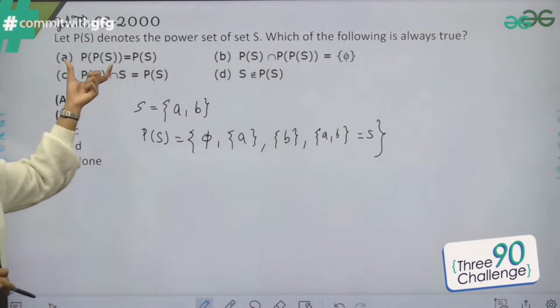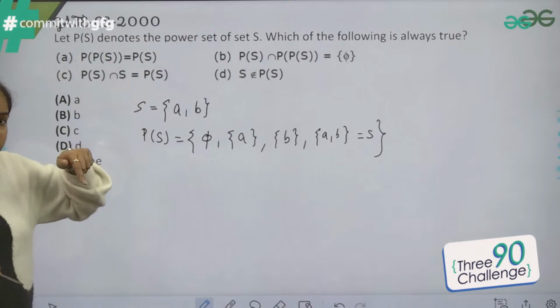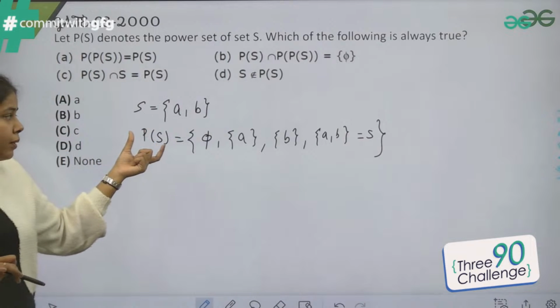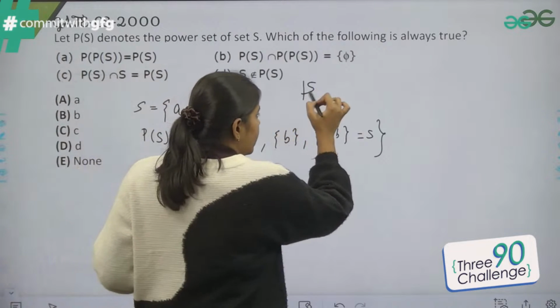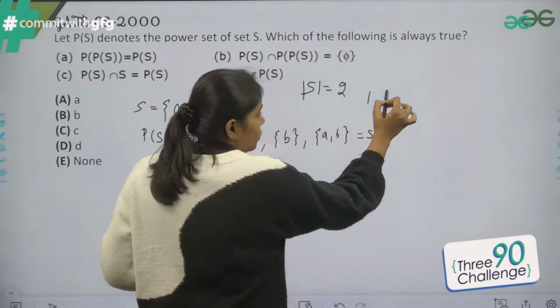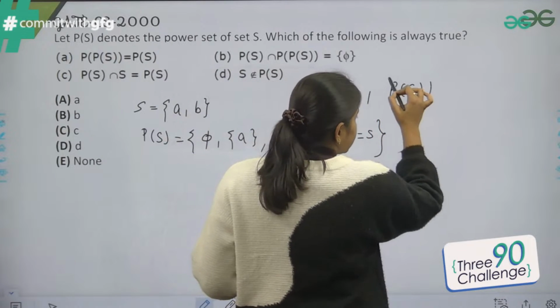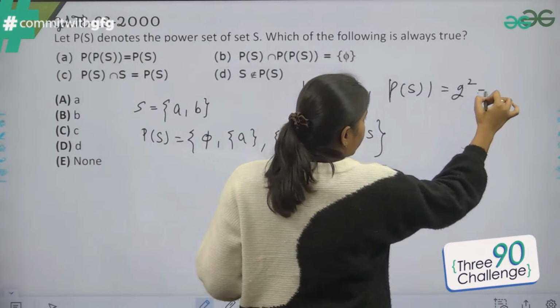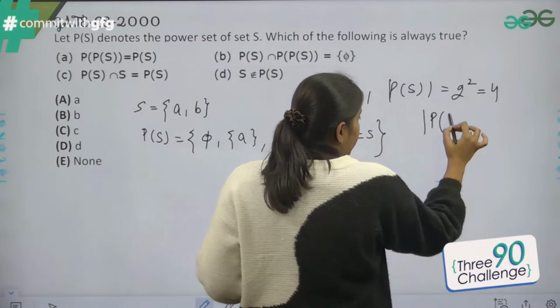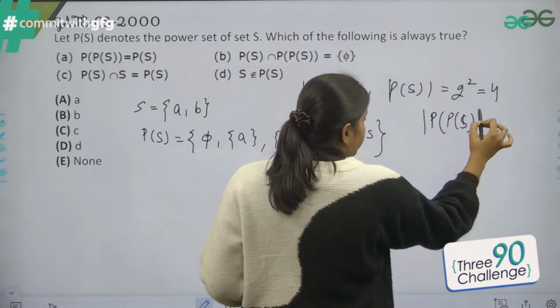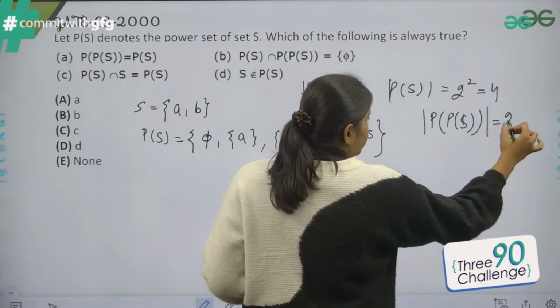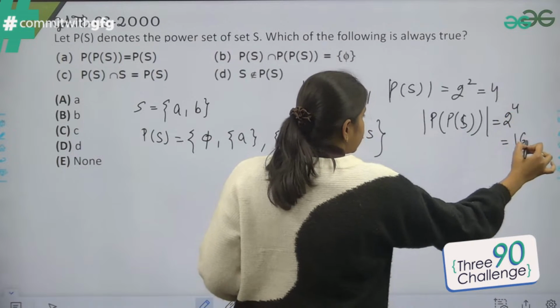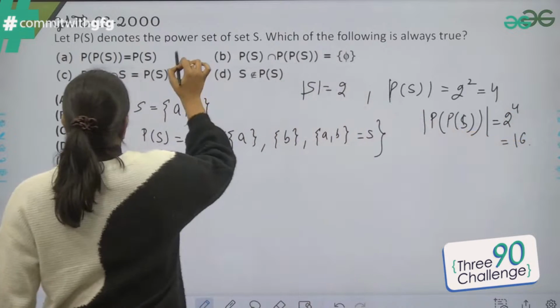So they are saying that power set of S is equal to power set of S. That means the set S has cardinality 2, so the power set of S has cardinality 2 to the power 2, that is 4. If I find the cardinality of the power set of the power set of S, it would become 2 to the power 4, that means 16. So that is not true.